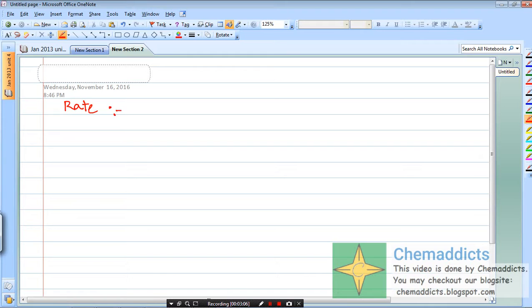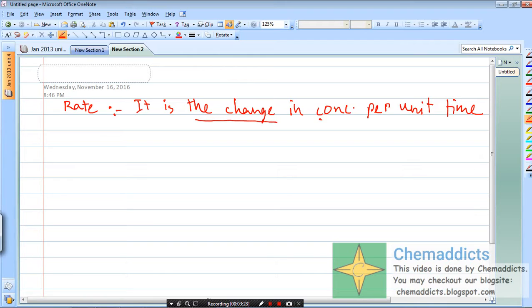Rate is simply the change in concentration per unit time. This simply means the change in concentration per unit time. So rate is simply the change in concentration per unit time. That's totally fine.